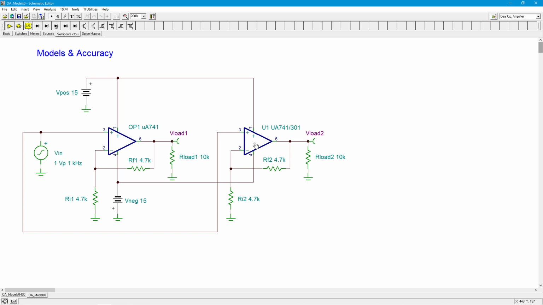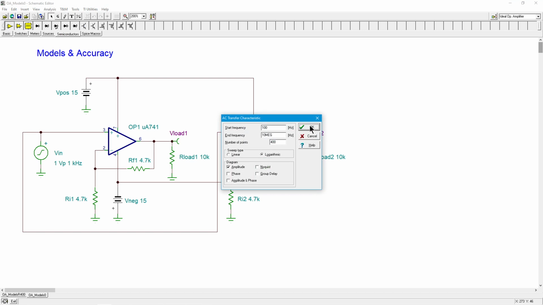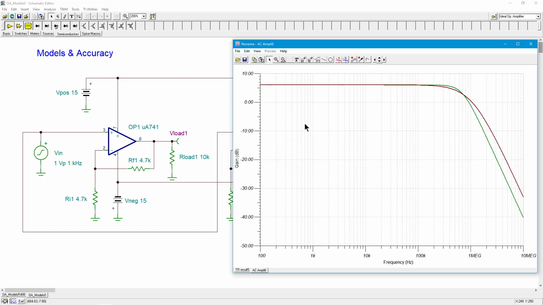Okay. The next obvious thing might be to look at the frequency response. All right, so I'm going to do a Bode plot and AC transfer. See what we get. Okay. So up here, that's 6 dB, which is what I expect. But at the upper end, as you can see, there's a little bit of deviation. VLOAD number 1 with this model is coming out over here. It's just a smidge higher, like a dB maybe at most.